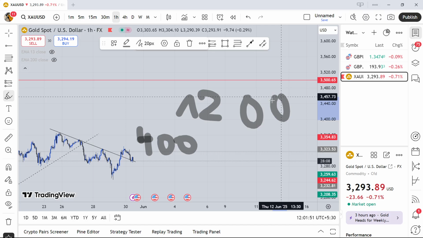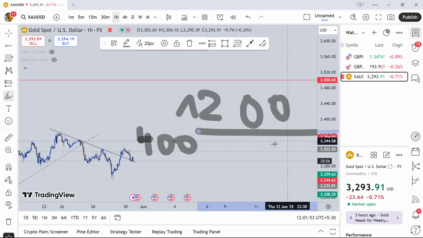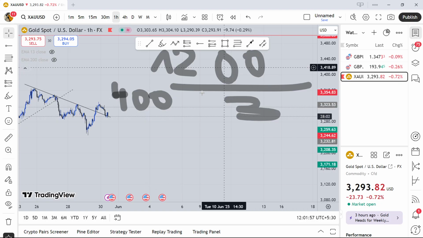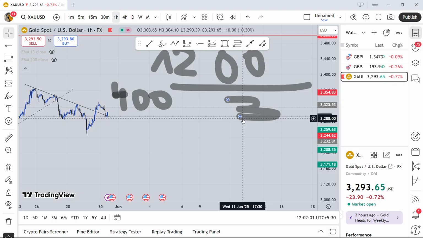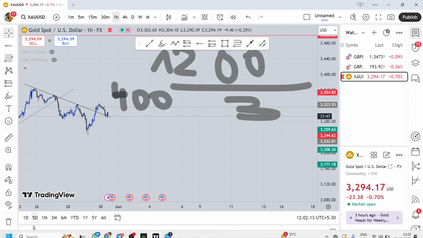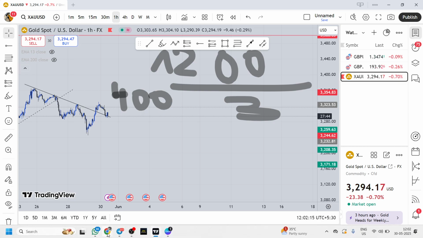So that's three trades of $400. The next three trades I will be taking, I will be only trading my profits. You get my point? Even if I lose, I won't care. Well, not that I won't care, but I will carry on using my profits to make more profits. It's better to lose from your profits than to lose from your capital.